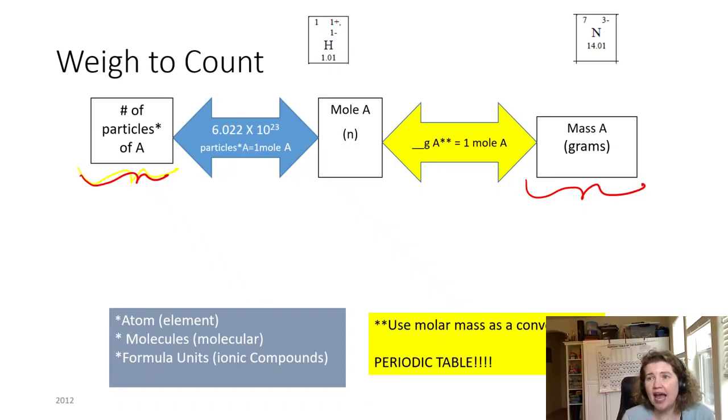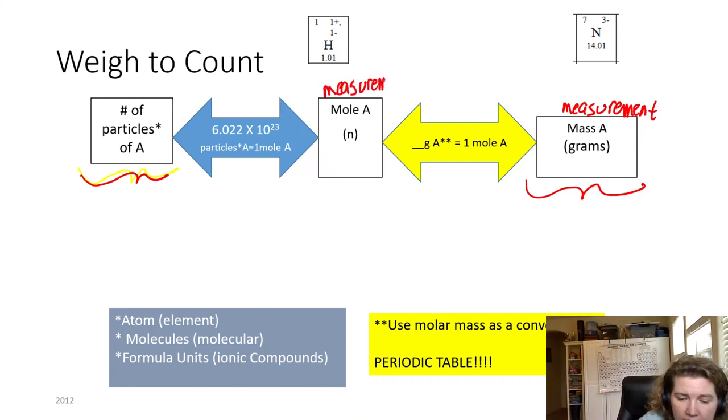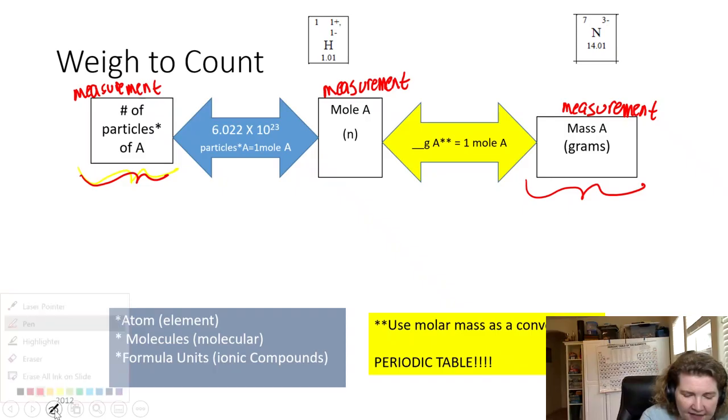So this is how I like to interpret this mole map, if you will: everything that I've got in a box is a measurement. And everything that I have in my arrows is a conversion factor.